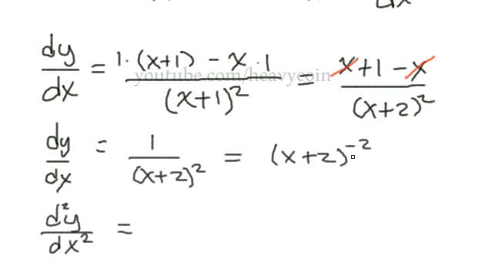Take the -2, bring it out front. Subtracting 1 from the exponent, that becomes a -3. And of course you take the derivative of the inside, but the derivative of x plus 2 is just 1, so we just leave it like it is.